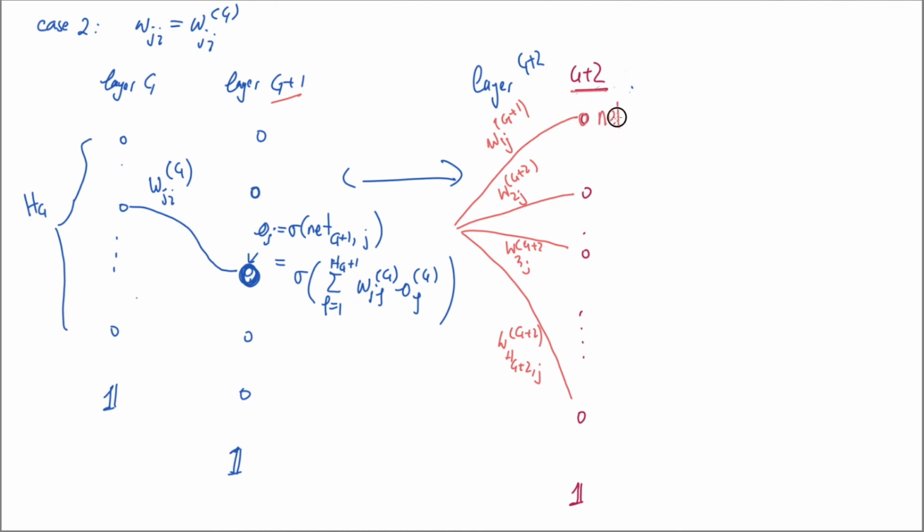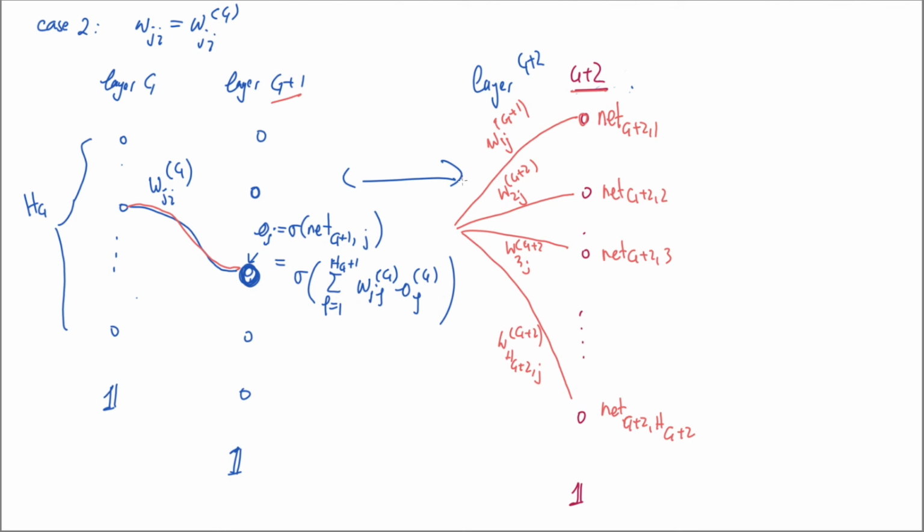And I want to also clarify that at this point here, what do we compute? We compute net G plus 2, 1, net G plus 2, 2, and so on, up to H of G plus 2. Okay, so what I'm trying to describe here is that in the next layer, we're trying to compute the gradient with respect to this weight. Well, this weight is connected to this output OJ.